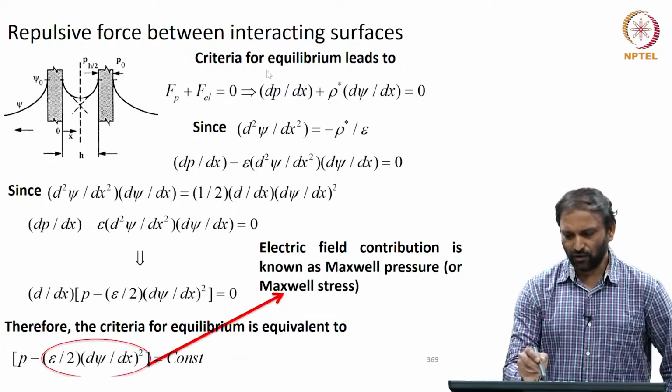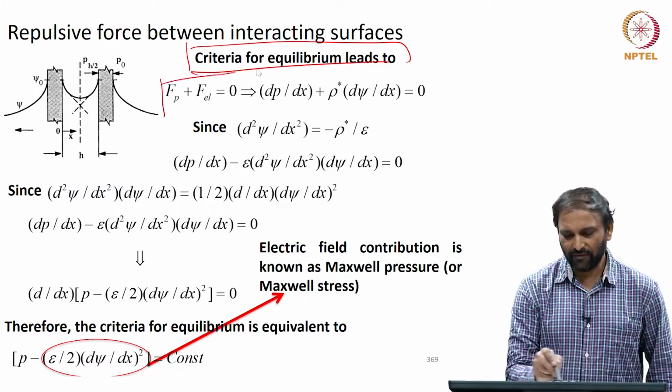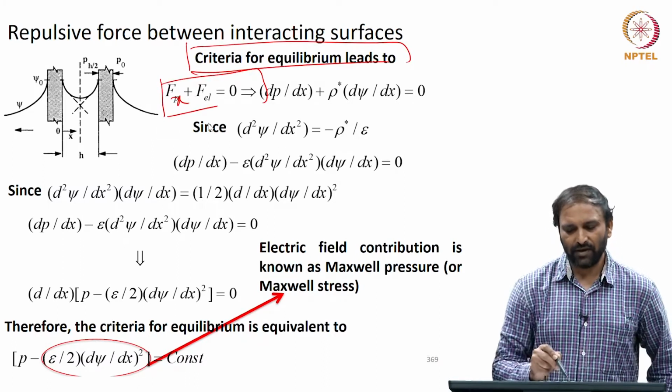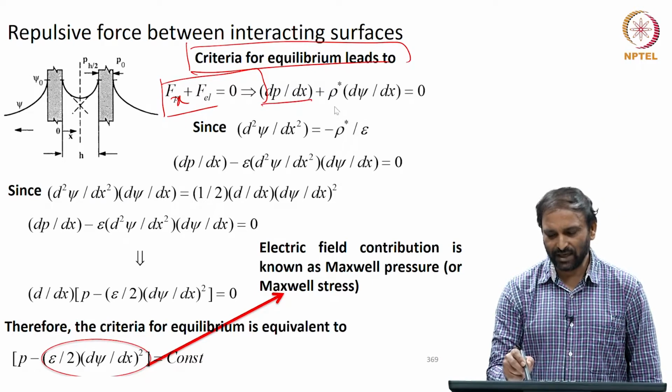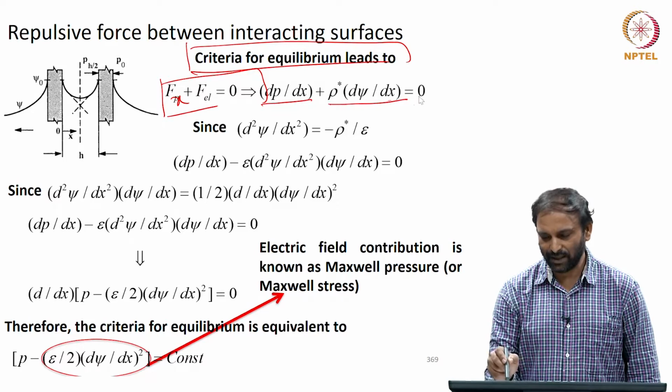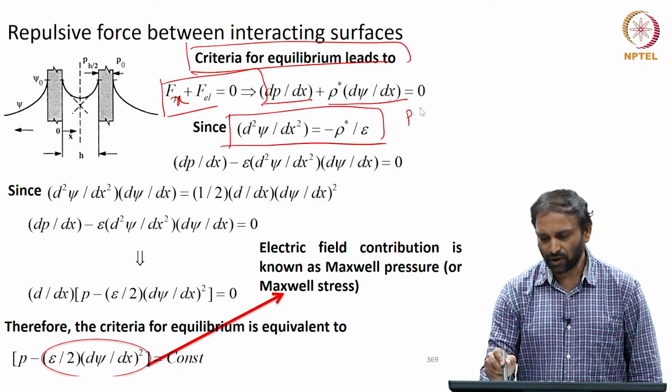So, therefore, the criteria for the equilibrium is f x plus f E L is equal to 0. Therefore, dp by dx plus rho star times d psi by dx is equal to 0, and we know this from the Poisson equation, right.